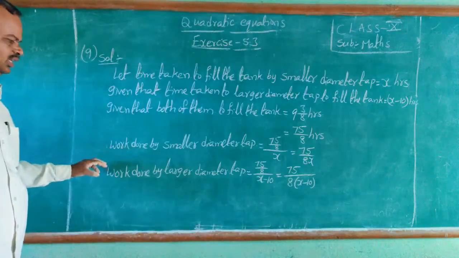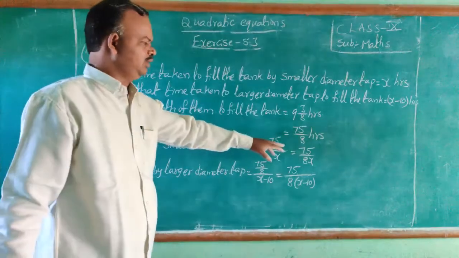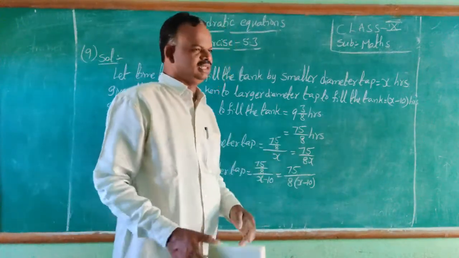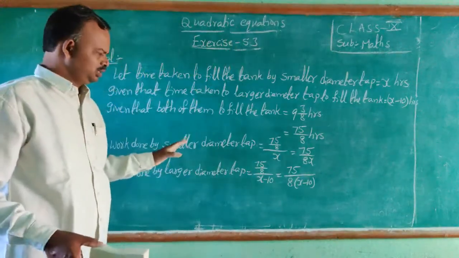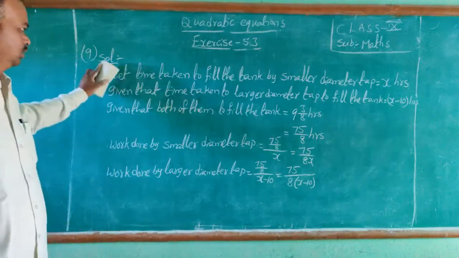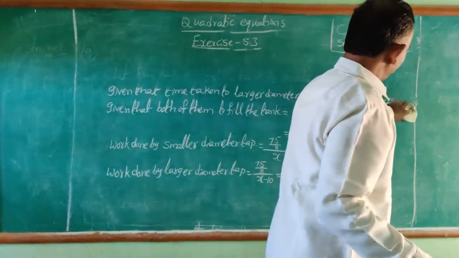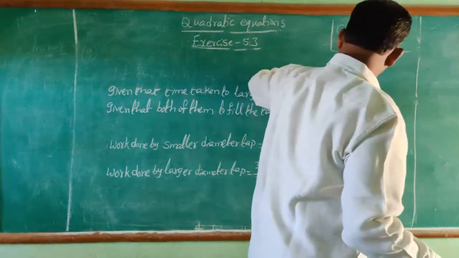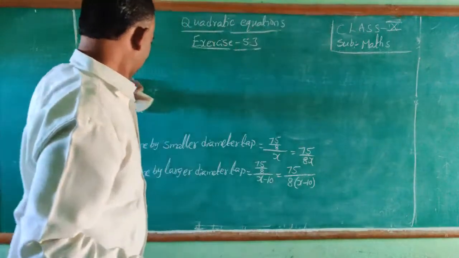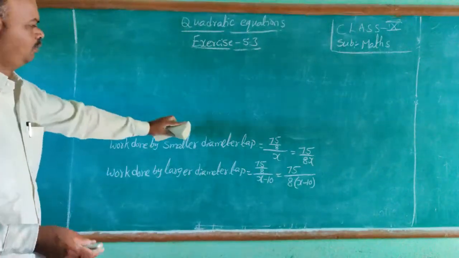These two work done fill the tank separately: 75 by 8x and 75 by 8 into x minus 10. These two taps fill the one tank only. So the sum of these work done is equal to 1.